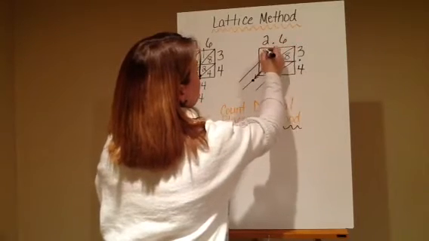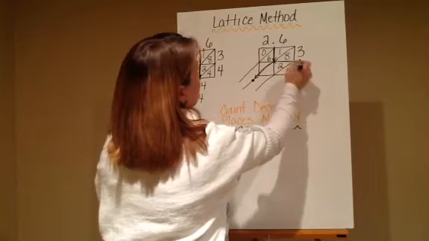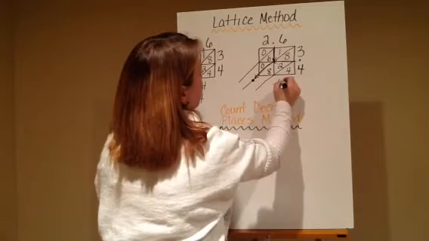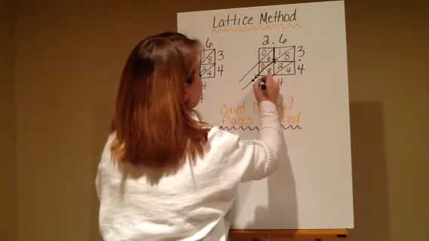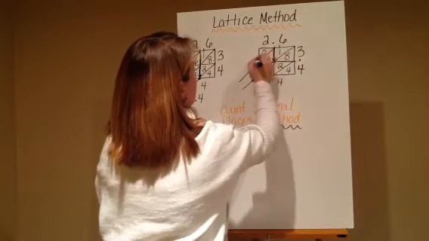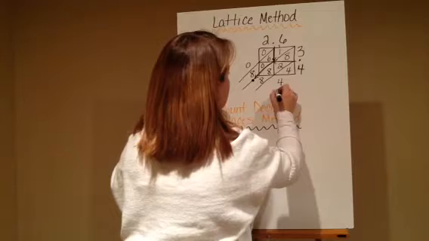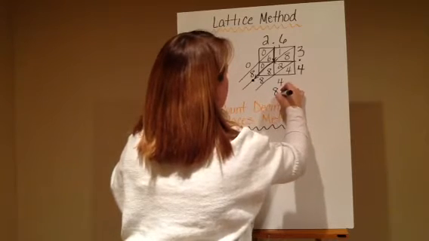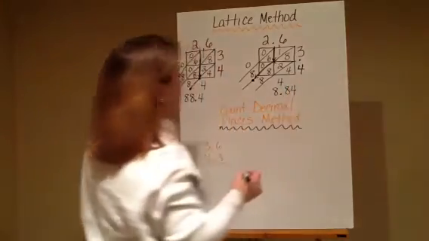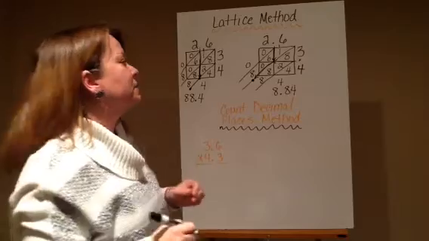3 times 2 is 6. 24. And 8. We add on the diagonal once again. Regroup. So now, this time, since I have 2 decimal places, my answer turns out just a tad bit different because we have 2 decimal places.